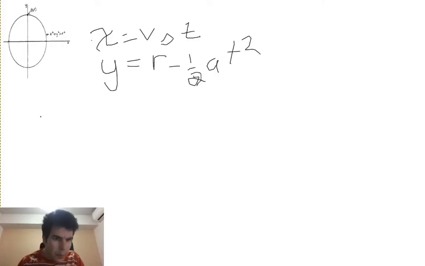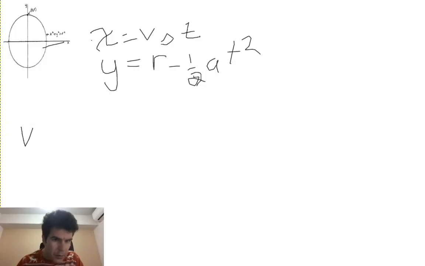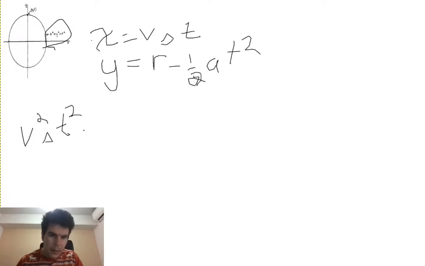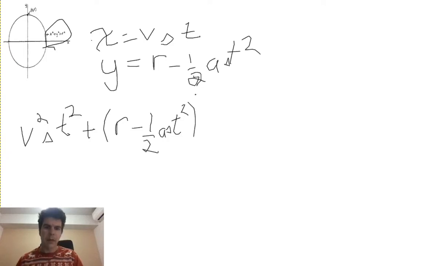So putting this into the circle equation here, v squared delta t squared plus r minus 1/2 a delta t squared, beautiful, equals r squared.